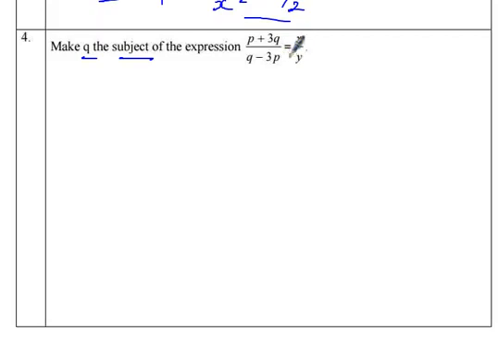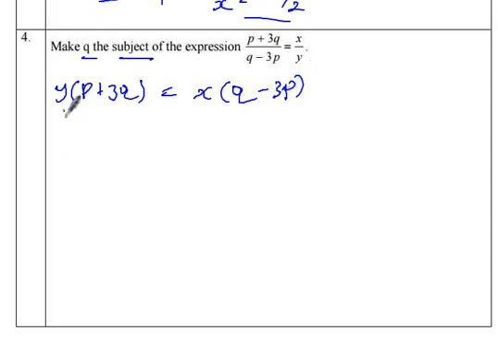The first thing to do is to cross multiply. So I can cross multiply so that I write y into p plus 3q is equal to, on the other side, x into q minus 3p.